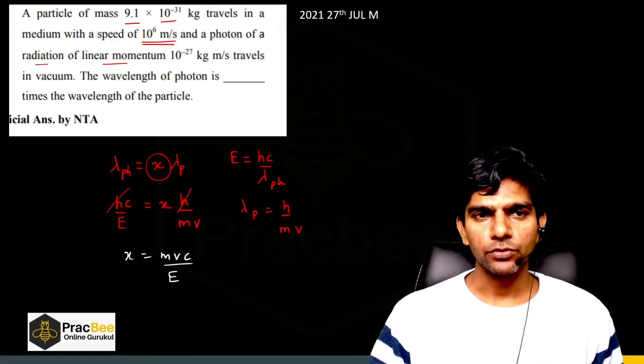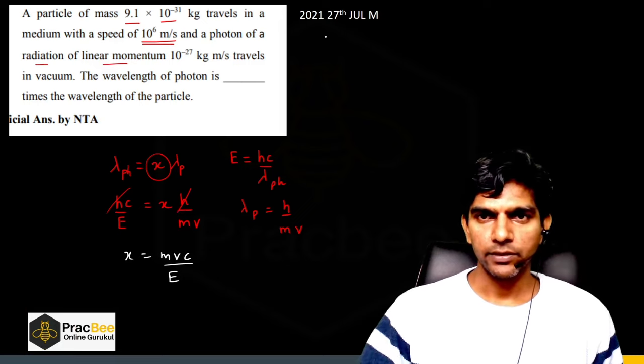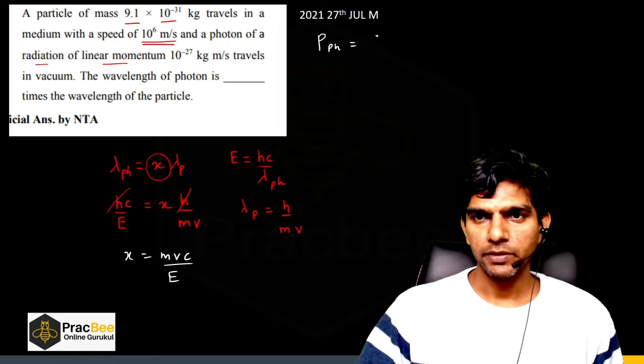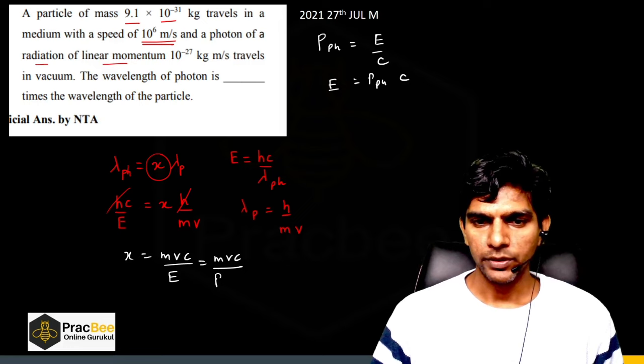And we are given a photon of radiation of linear momentum. In the case of a photon, the momentum of the photon is given by E by c, so E can be written as momentum of photon times c. So this can be written as mvc divided by momentum of photon times c. So this c will get cancelled out.